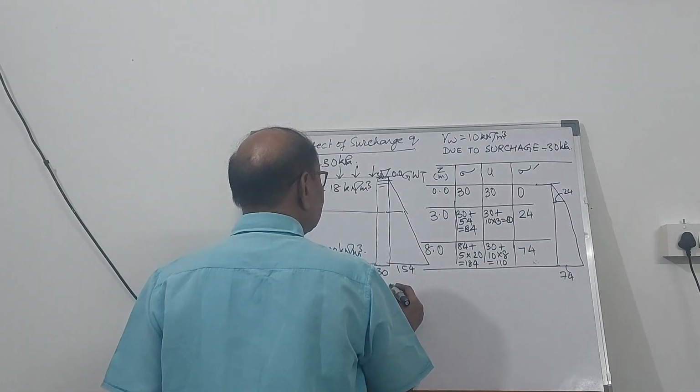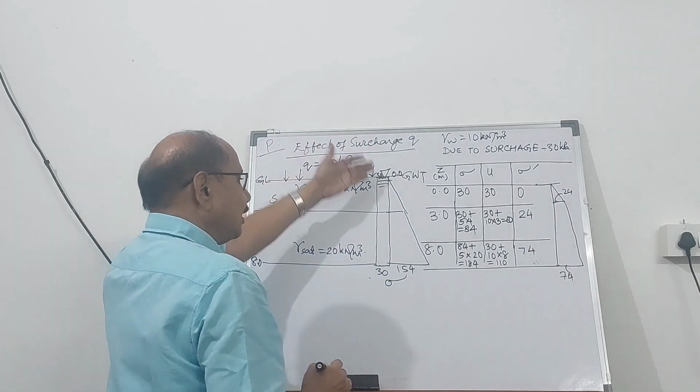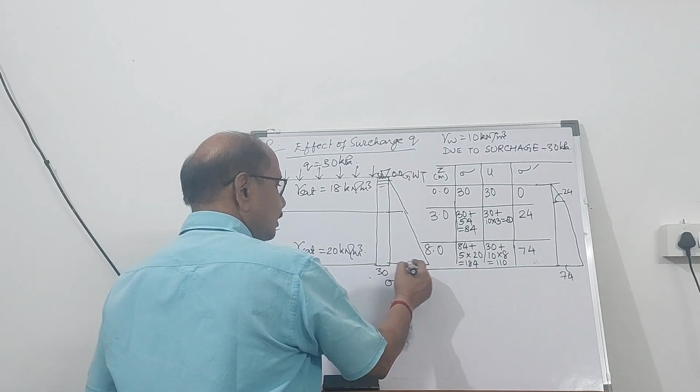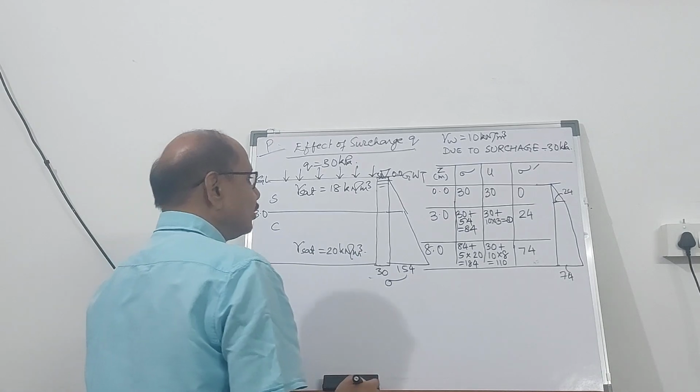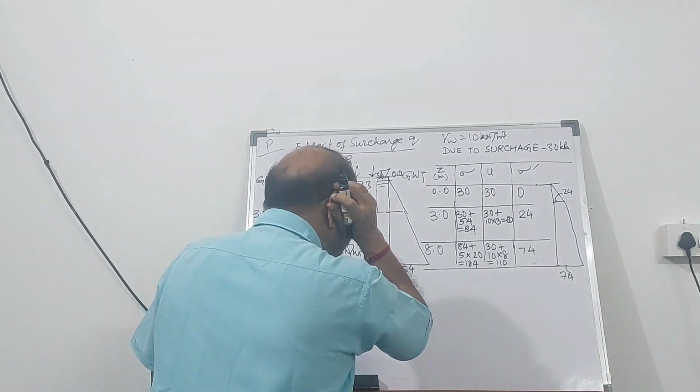So this is the variation of total pressure over the entire length. This is due to surcharge, and this is the total pressure. And this is how you can calculate the effective pressure.